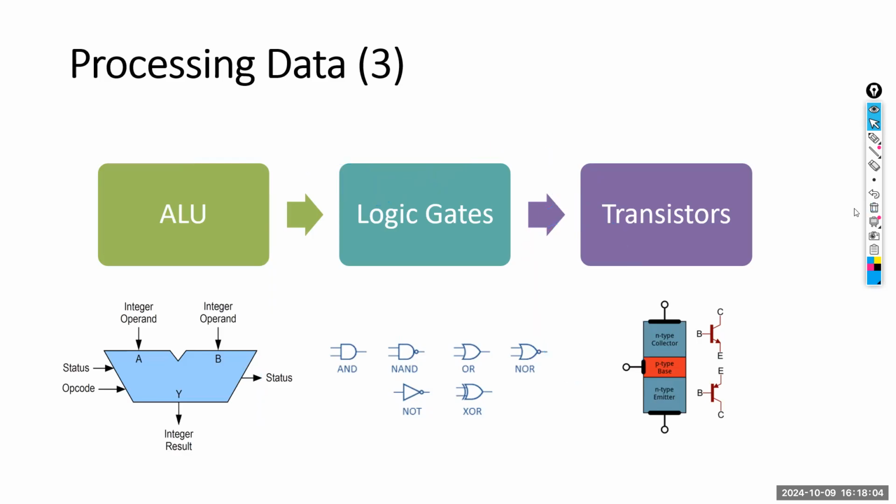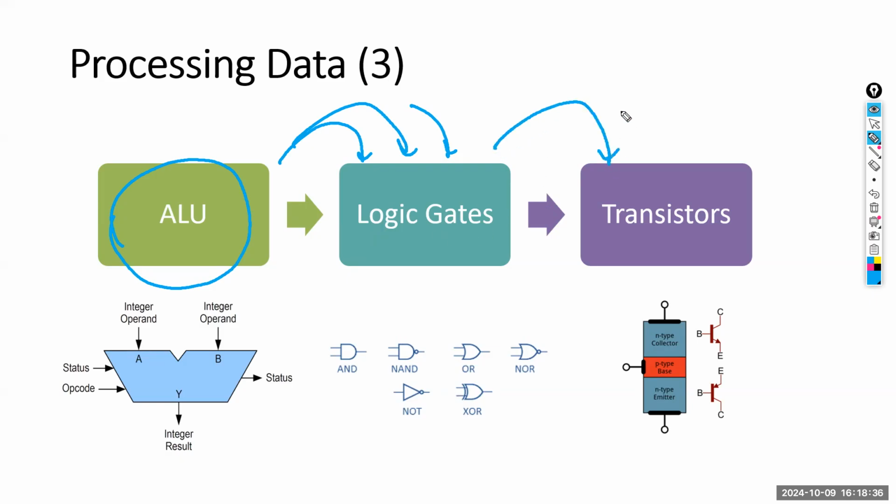So at hardware, how does your data get processed? We have already discussed this, but we'll revisit it. Your processor has a unit called the ALU, arithmetic and logic unit, which is doing the processing. Your ALU consists of millions of logic gates, AND gate, OR gate, and so on, and your logic gates are made using transistors, hardware level transistors.